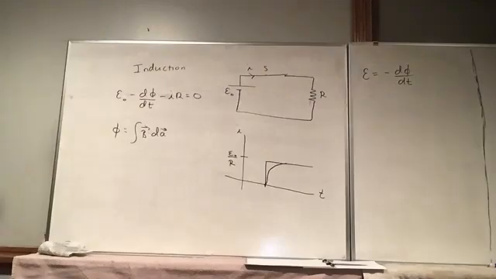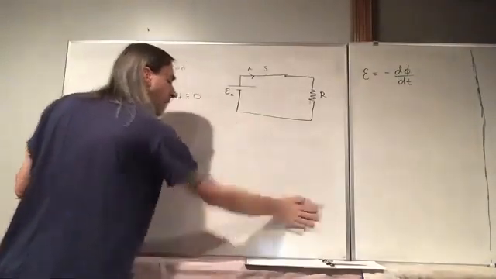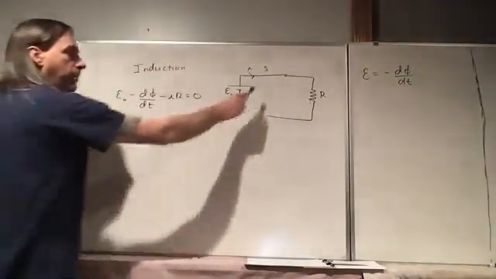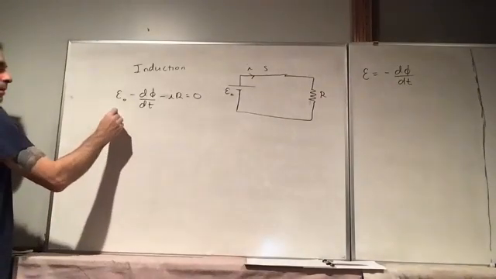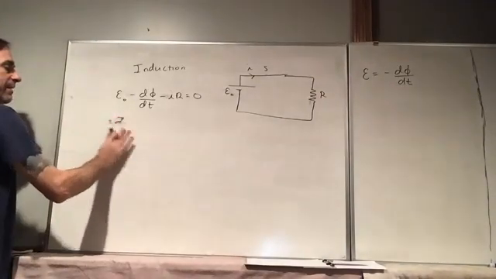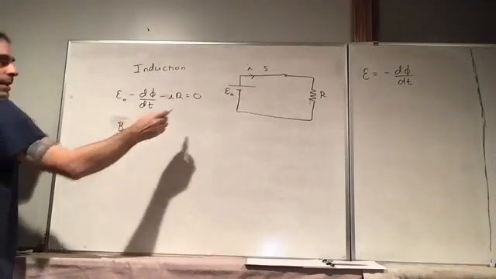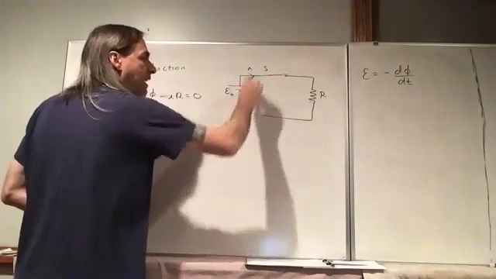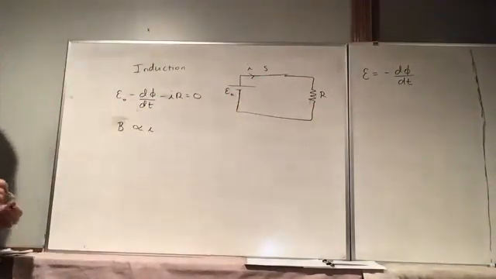What we're going to do is say that the magnetic field in our loop, so again, we just have this area here, is proportional to the current.